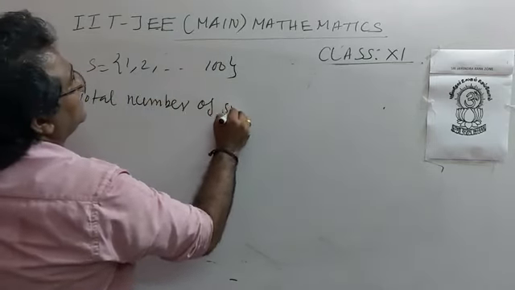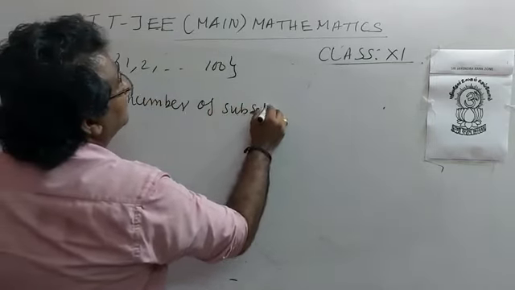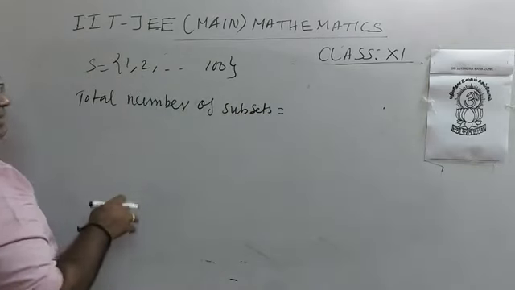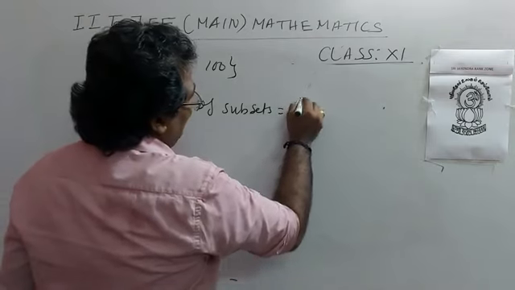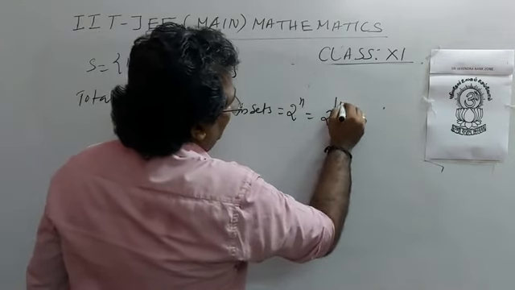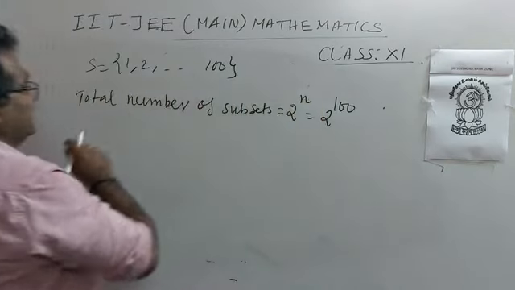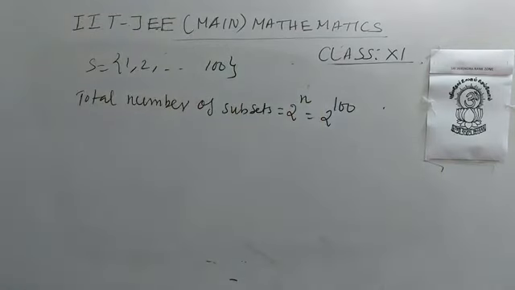Total number of subsets. Since the set has 100 elements, the number of subsets is 2 power n, that is 2 power 100.